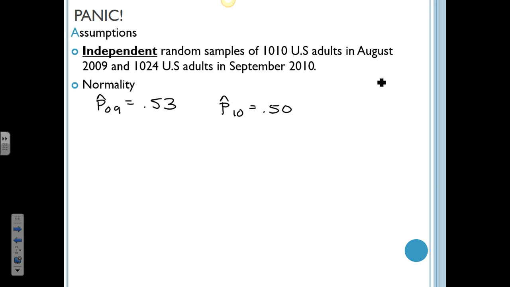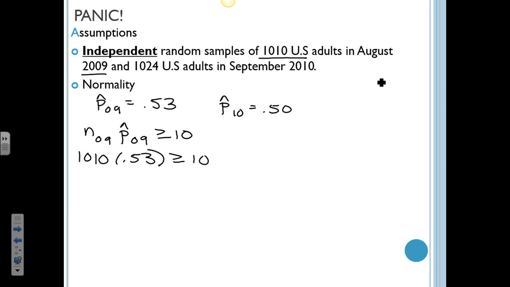So we gotta check, based off the sample size, remember, what's your sample size in 2009? 1010, right? So you can first write this if you want to. It's N09 times P hat 09 greater than or equal to 10, which is going to be 1,010 times 0.53, which is greater than or equal to 10.